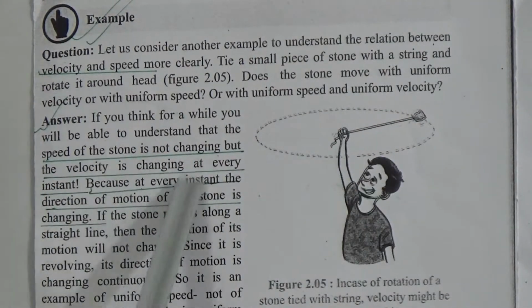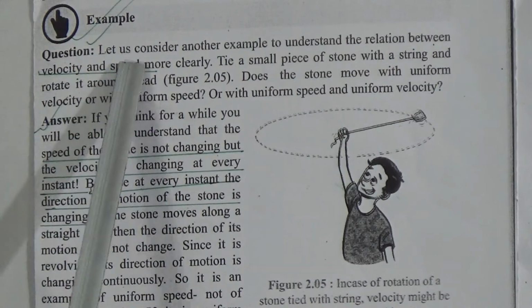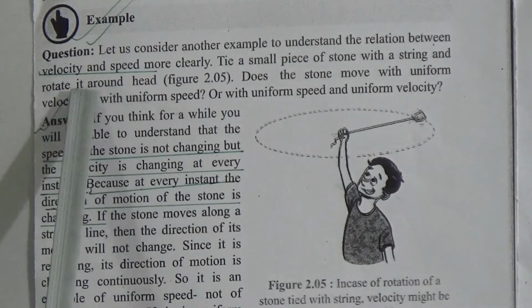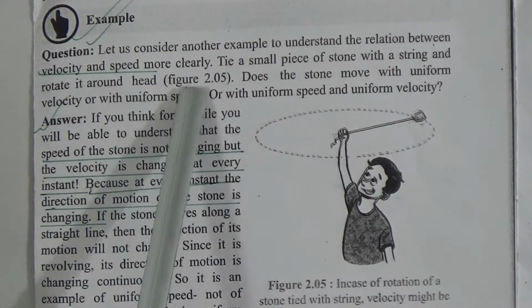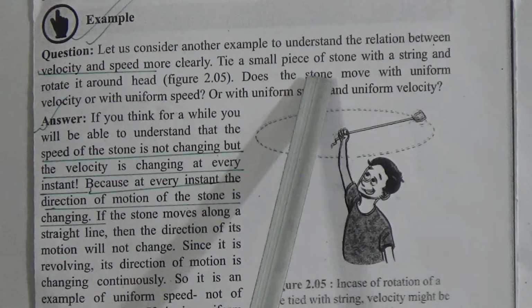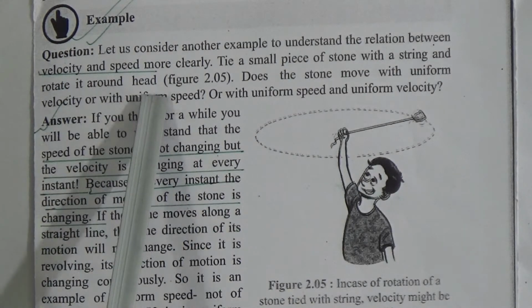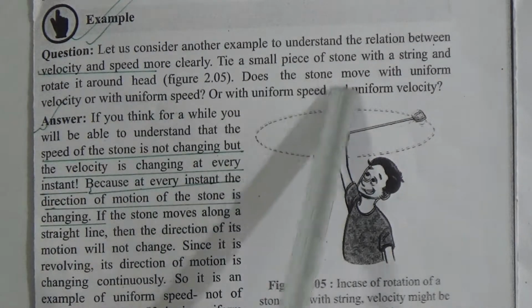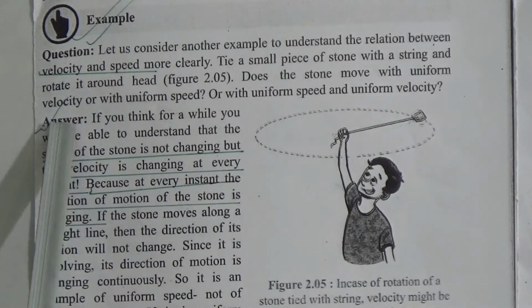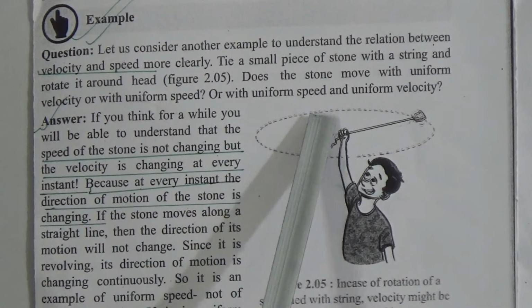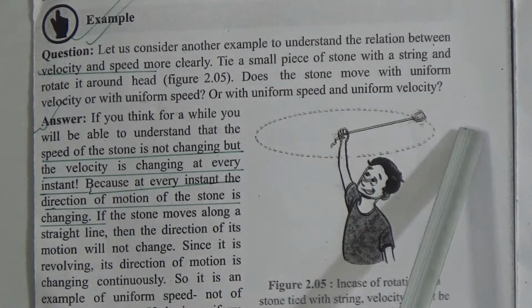Here is an example. Let us consider another example to understand the relation between velocity and speed more clearly. Tie a small piece of stone with a string and rotate it around your head. Does the stone move with uniform velocity or with uniform speed, or with uniform speed and uniform velocity?